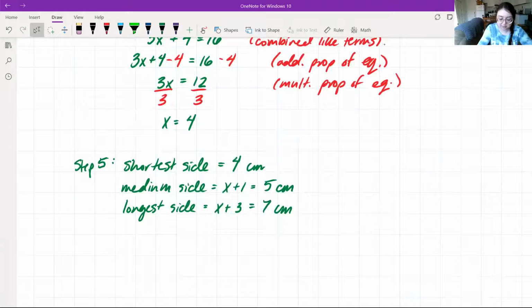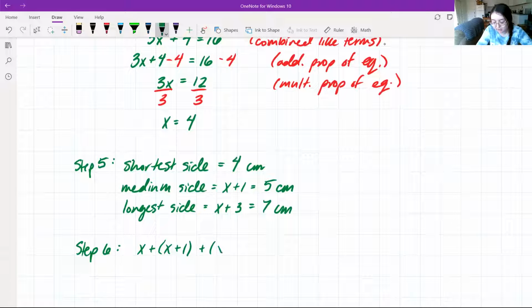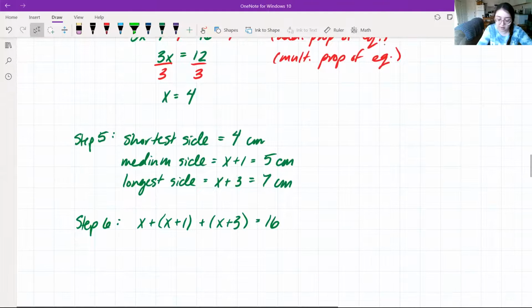And finally, step 6, we just want to check. So step 6, if we're just checking, we know that we're adding up all of our sides. So remember we had x plus x plus 1 plus x plus 3, and we're saying this is equal to 16 centimeters. X is going to be 4.